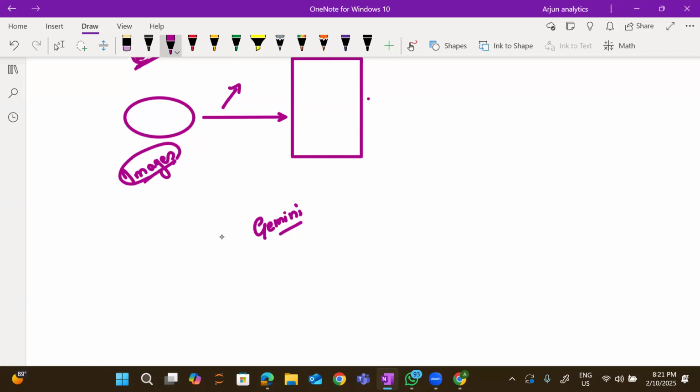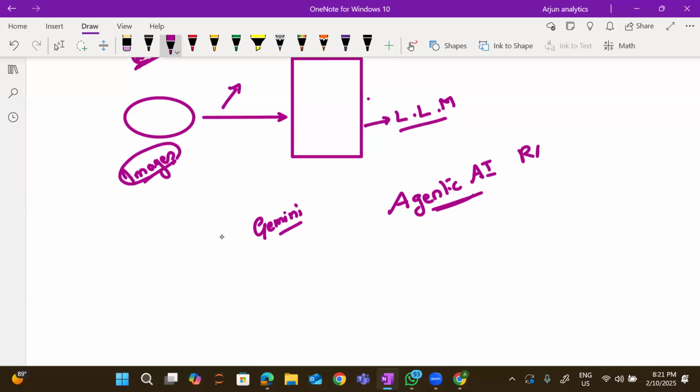Now, these big models are called LLMs, large language models, the models which are very, very large and trained with a hell of a lot of data. These large language models are not provided with the recent updates. So what we will do is add another concept called agentic AI.